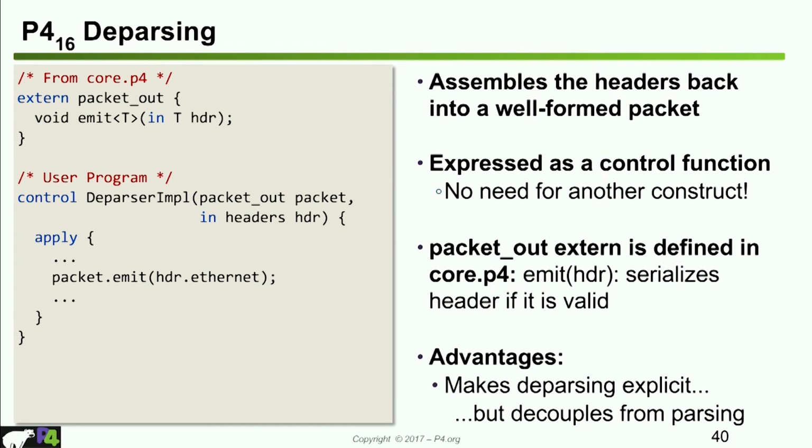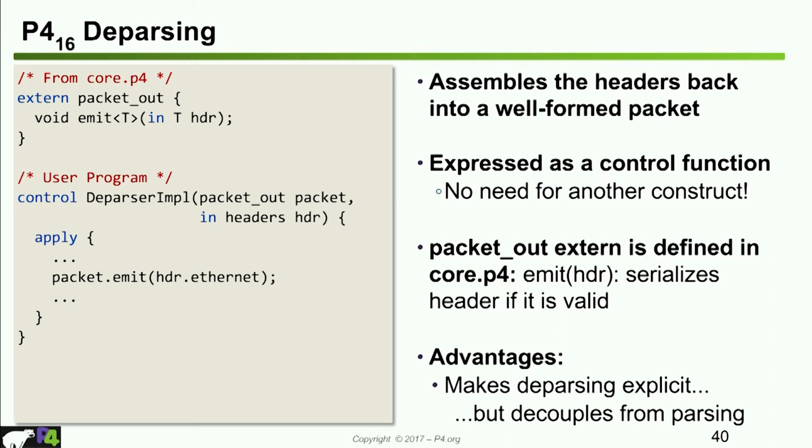The next thing to cover is the deparser. The deparser is responsible for assembling these headers back into the final packet. Here at the left on the top, we're showing the definition of the packet out extern from core.p4, and this has a method called emit. This emit method can be used to insert a particular header back into the packet.